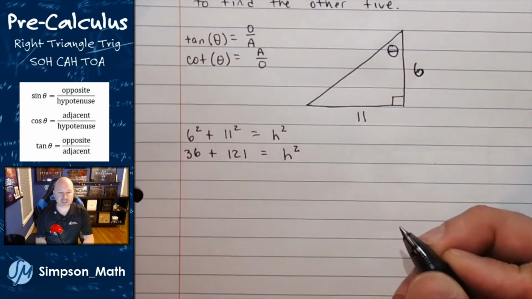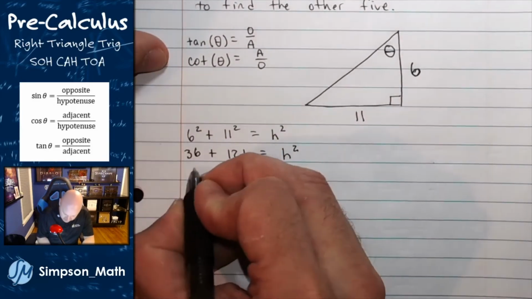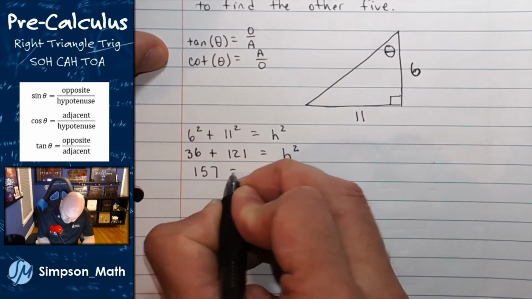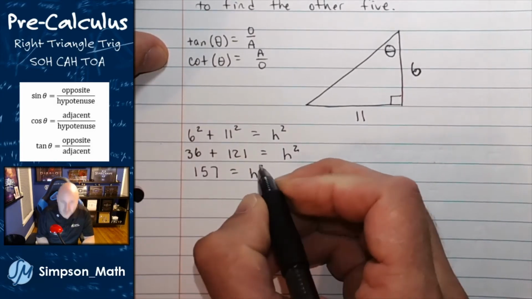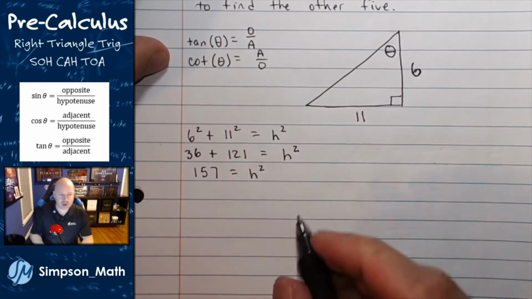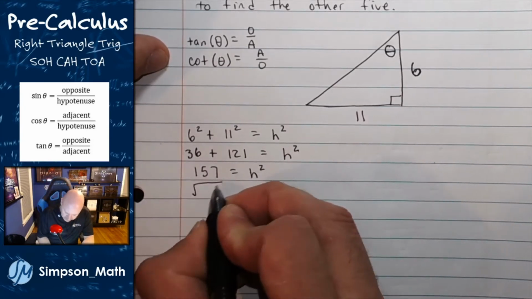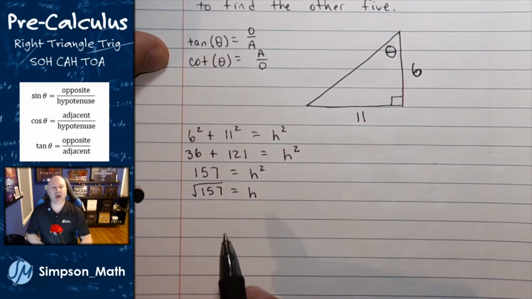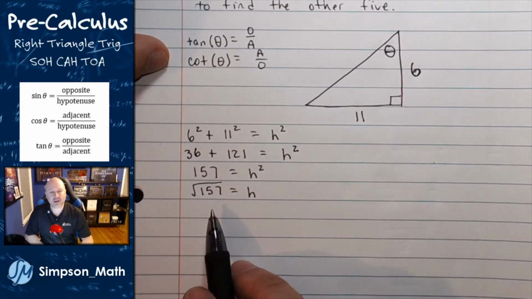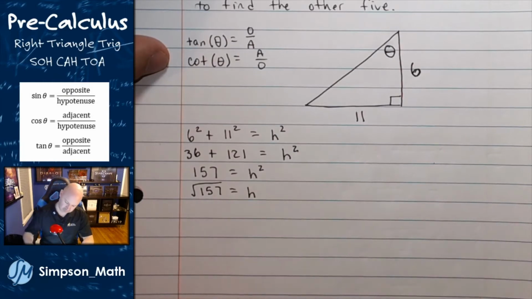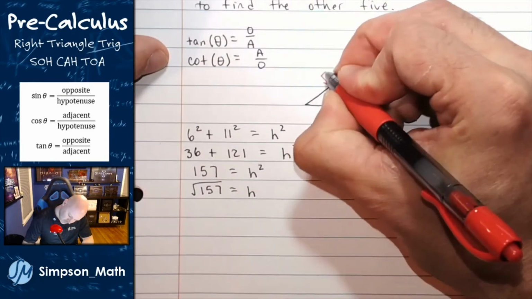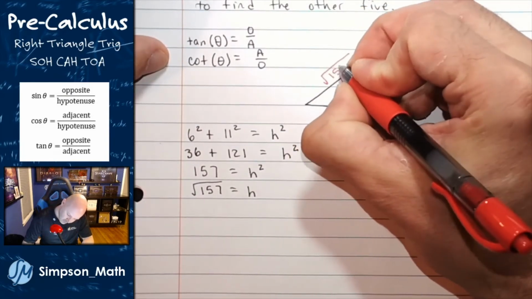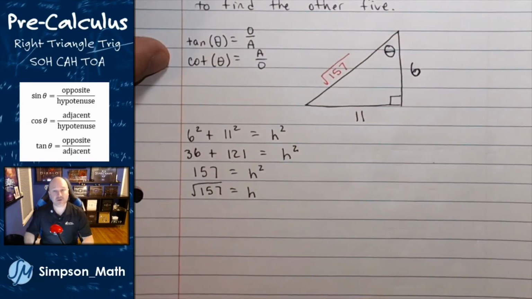I need to sum those together, 157. You look for factors of 157 when you're trying to simplify the radical. I can't think of any right off the bat, so I'm going to leave it as the square root of 157. That's my hypotenuse. So I can now answer all 6 of the trig functions.